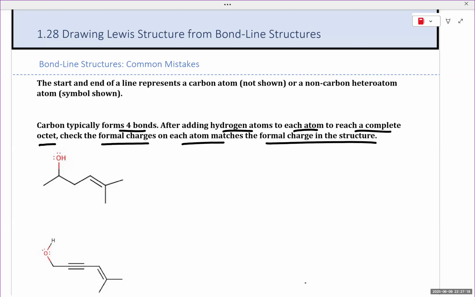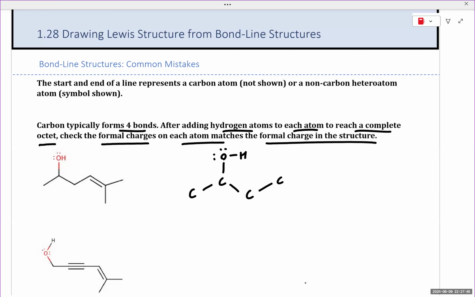For example, if we are starting to expand these bond line structures into Lewis structures, you want to make sure that each carbon has a complete octet and that the substitution pattern on each atom gives the correct formal charge. So for example, here, let's start by explicitly writing out all of the carbons.